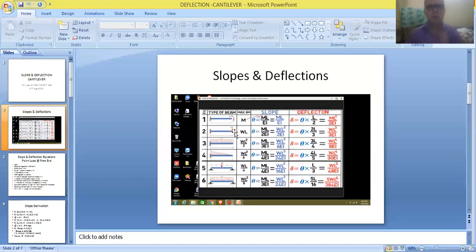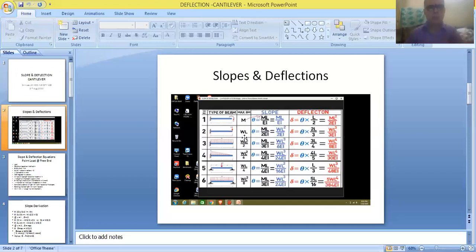The type of beam is given in the first column, and its bending moment values are very essential for doing slope and deflection calculations. We use an equation, and in that equation, we have to make use of bending moment values.